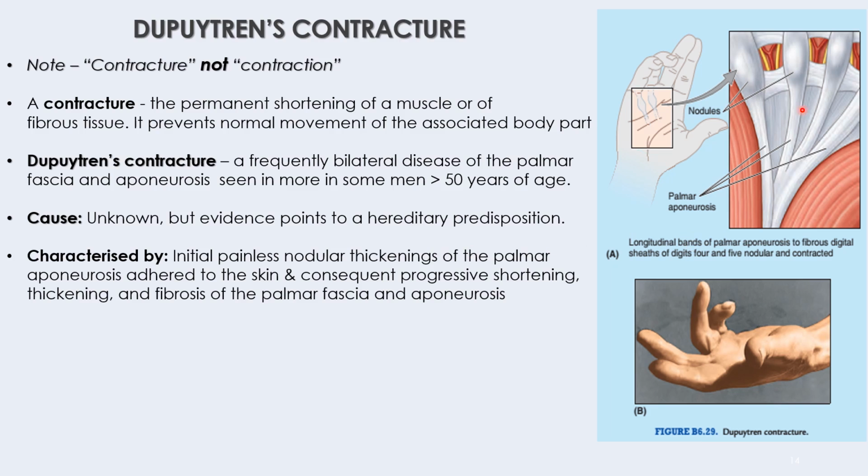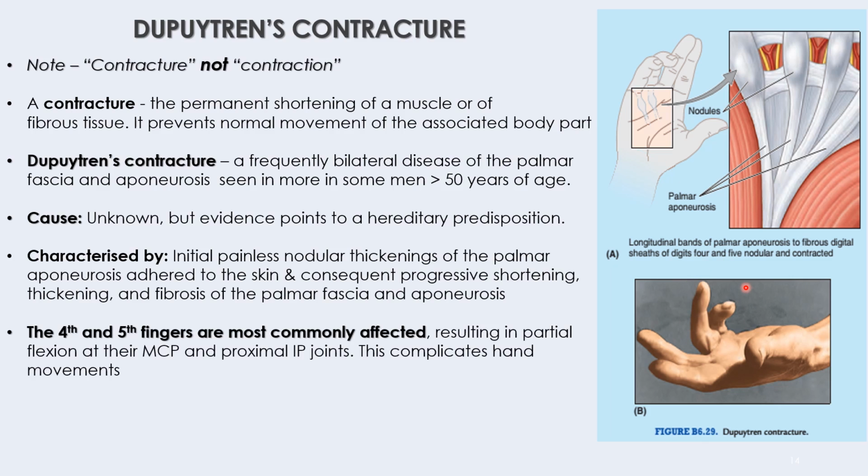We can see over here the nodular thickenings, and they are initially painless and adherent to the skin, and they continue thickening and shortening, and this affects the fourth and the fifth fingers.